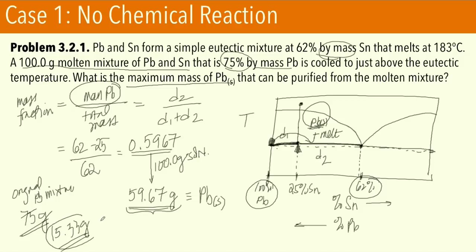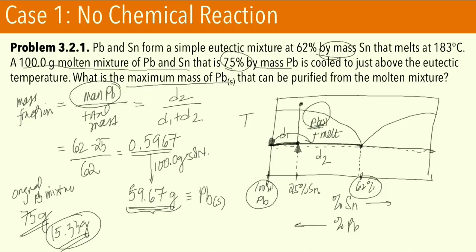This 15.33 grams of lead is still in the melt phase, so we won't be able to crystallize it. And if we decrease the temperature to below the eutectic temperature, this amount of lead is going to freeze alongside the remaining tin as well. Again, this represents the maximum amount that you could purify for our solution.